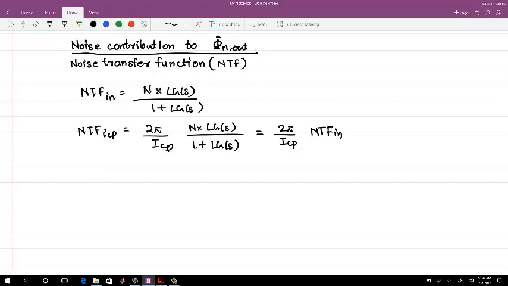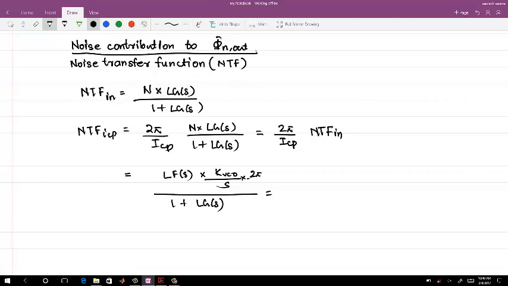Okay, so let me just do it the basic way. So what you have is for the ICP wherever we are adding, right? We have loop filter of S times KVCO over S, right? Divide by 1 plus loop gain. Okay, so now I'm just multiplying ICP by 2 pi into loop filter of S. So let's say if I multiply ICP by 2 pi on both the sides, G of S by 1 plus G of S H of S, yeah, okay.